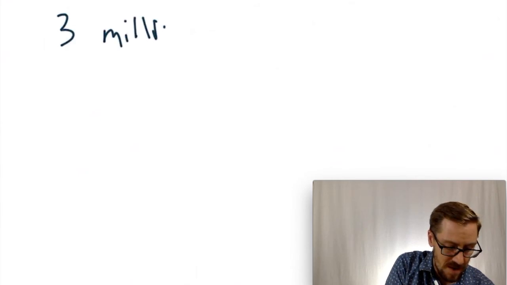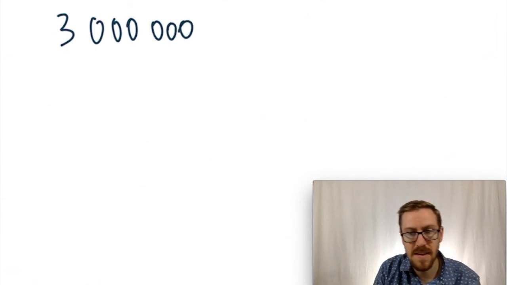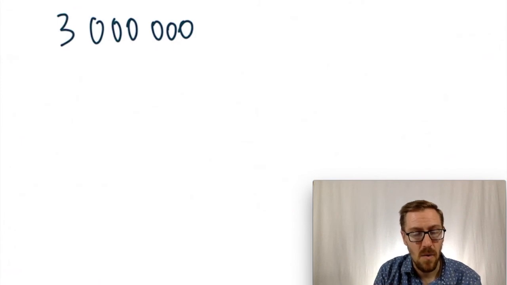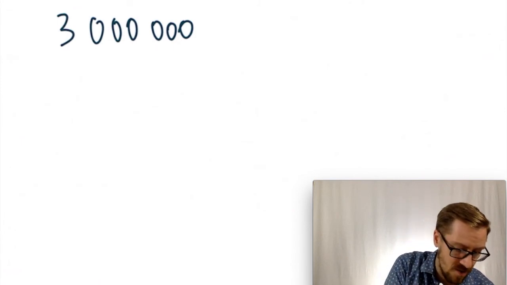I'll do one more example like this. Let's say that you had a half-life of 3 million years. I'll write it out actually. Million years. And you found a fossil that you thought was 12 million years old.